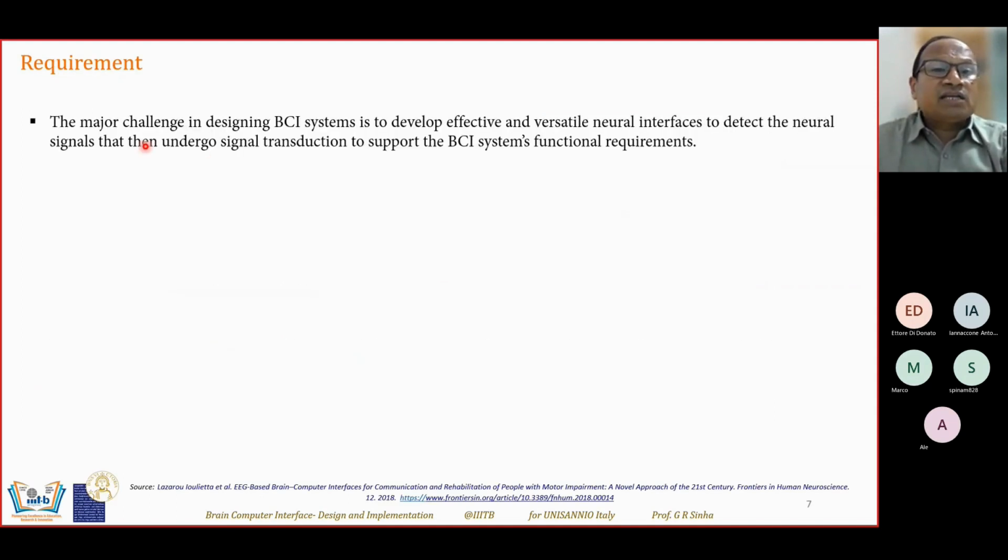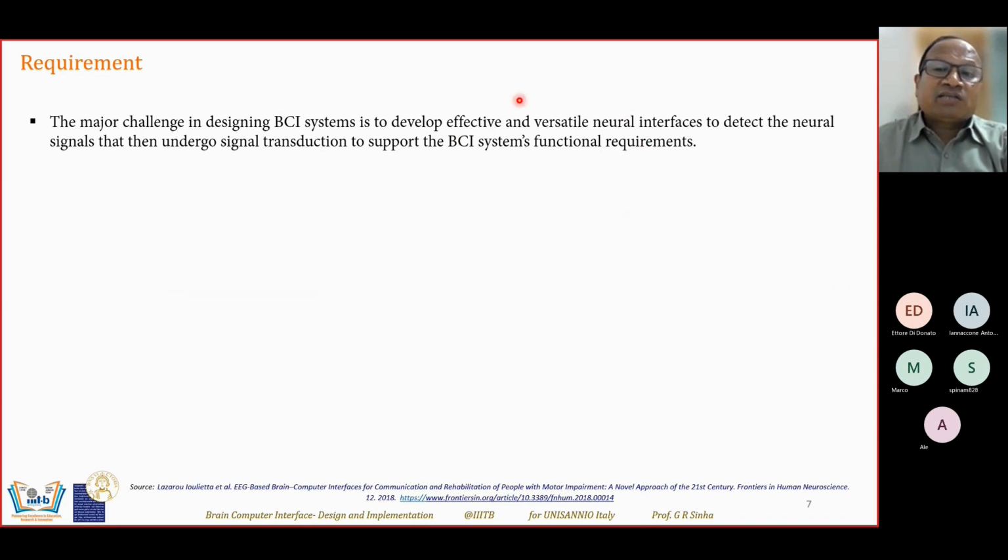So the major challenge in terms of requirements is to develop an effective and versatile interface, because robustness is always a challenge in all such tasks. We need to develop a very effective and versatile interface so that we can detect the neural signal, that is the brain signal, and that signal can go to signal transduction, meaning it can be translated, and suitable requirements of the BCI can be met.